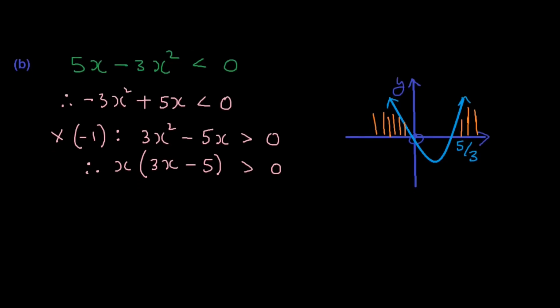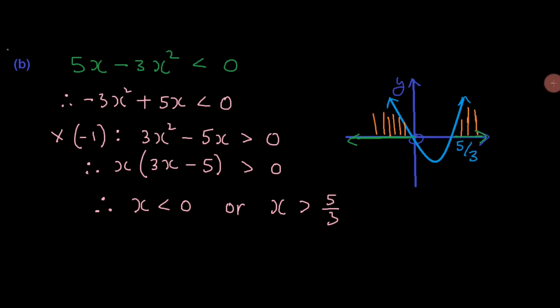So we can write down the answer. So x will be less than 0. In other words, all these x's below 0. x is less than 0, or x will be greater than 5 over 3. So basically all the x's above or to the right of 5 over 3.